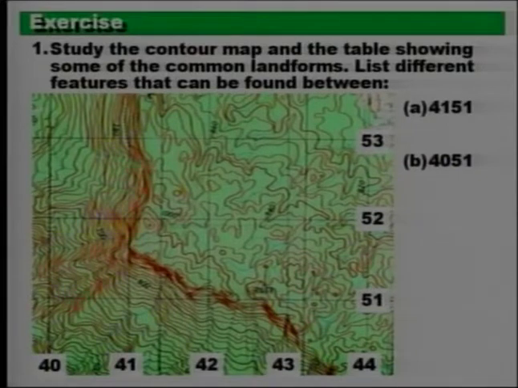How about the contours which are pointing away from the highland? Like here? These ones are pointing uphill, right? And then these ones are pointing downhill. So what would these ones be known as? Yeah, definitely. So you see there are two landforms within this 4051 that you can identify. Make note.